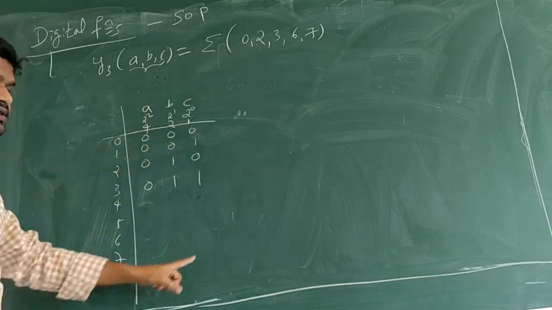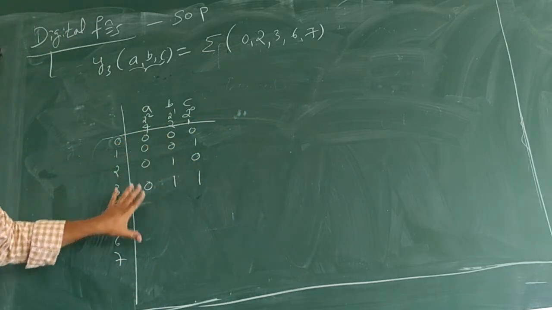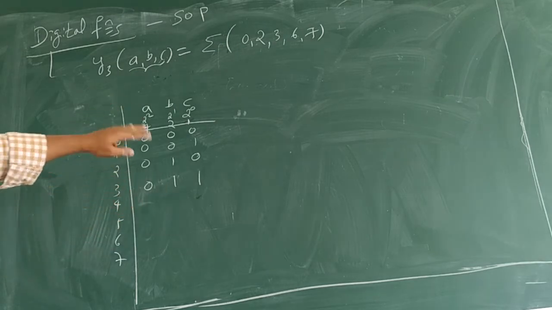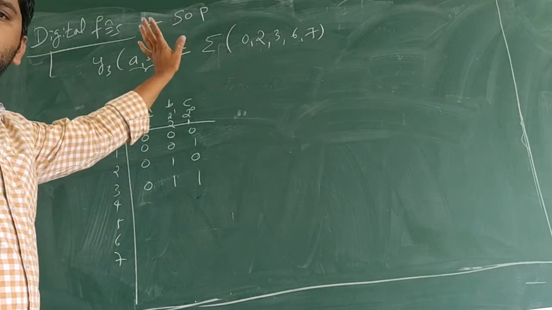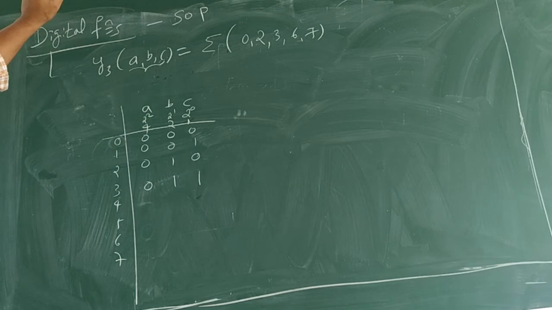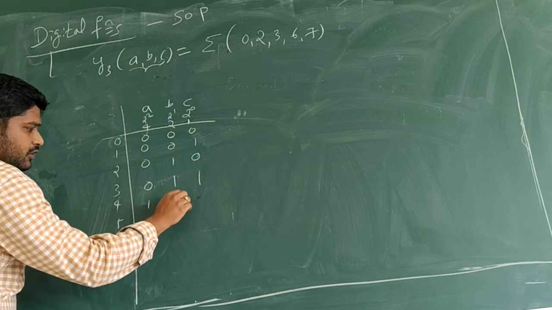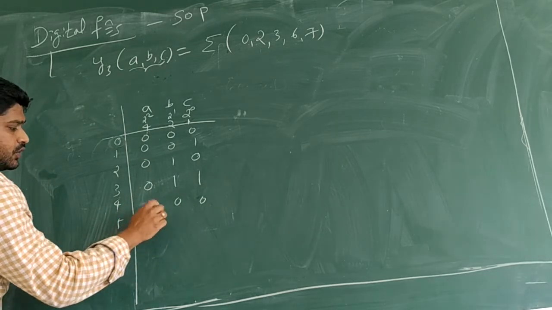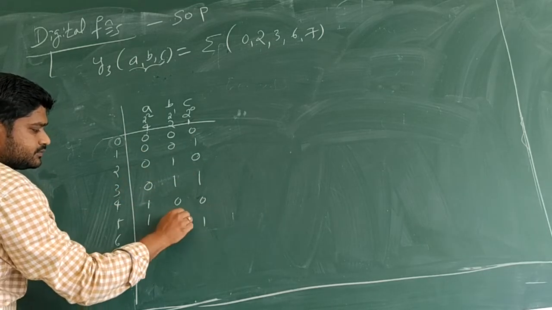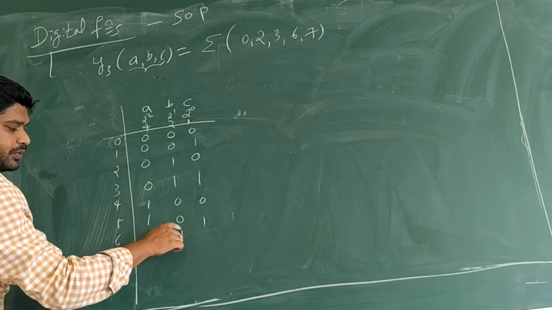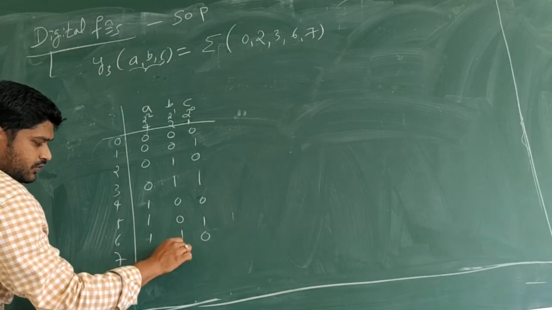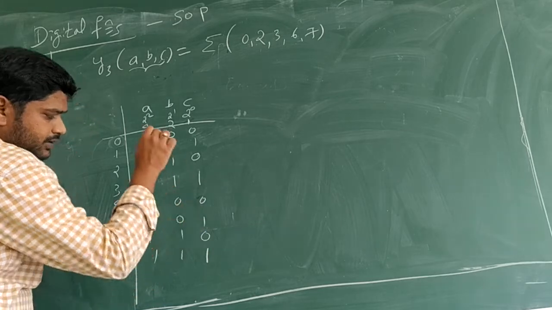So since it is the first time problem, I am preparing this table. In future, I will directly write the terms in expanded format. So please make this practice. So what is 4? Is 4 directly available? Yes. 100. 5 is 4 plus 1, 6 is 4 plus 2, 7 is 4 plus 2 plus 1.